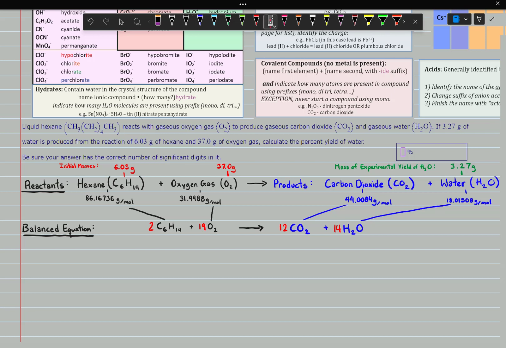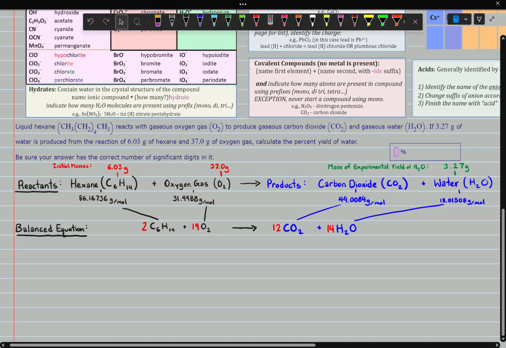In this problem, we start with hexane and oxygen gas, and those two are going to react together and give us carbon dioxide and water.